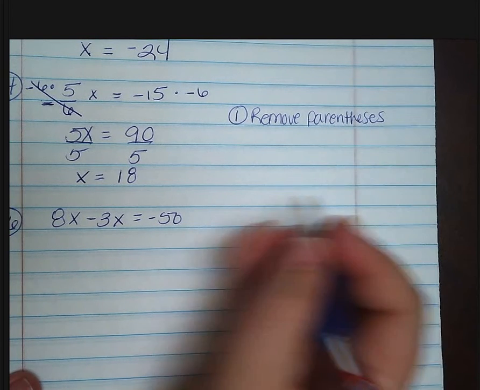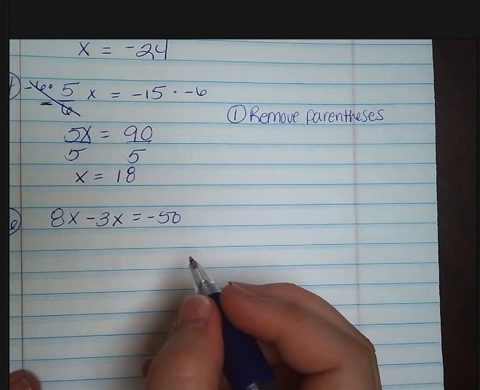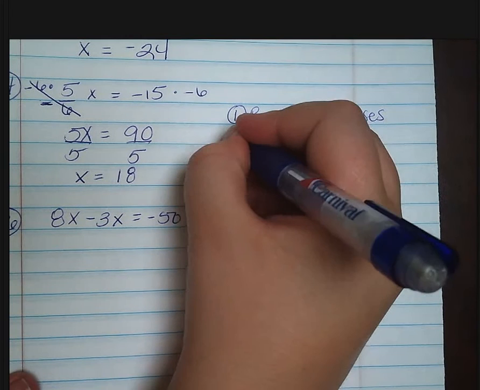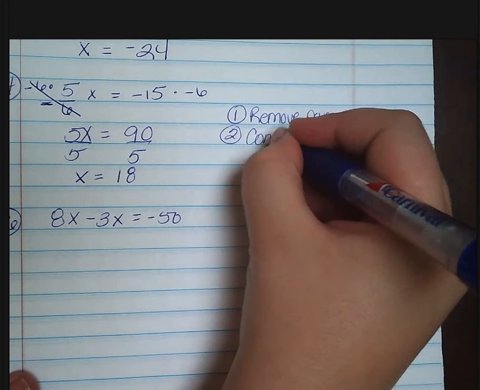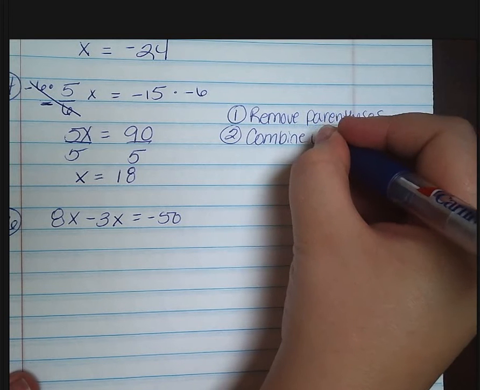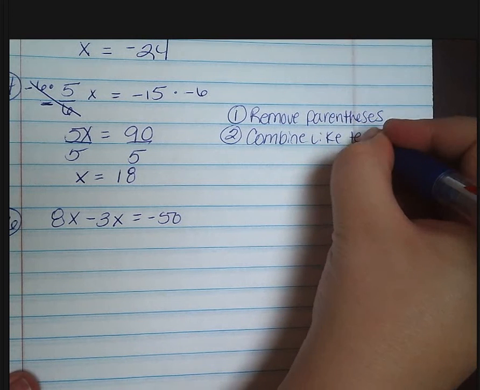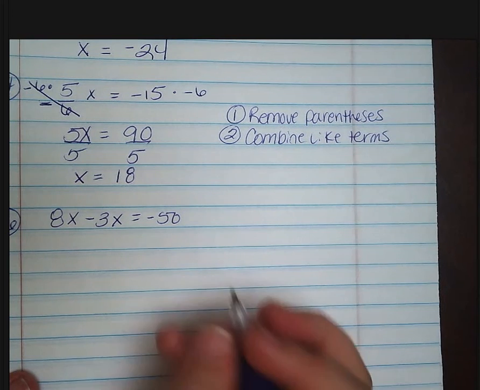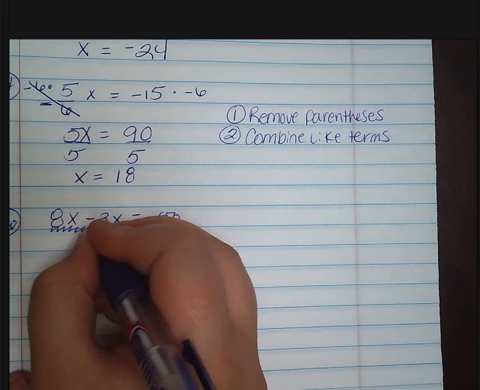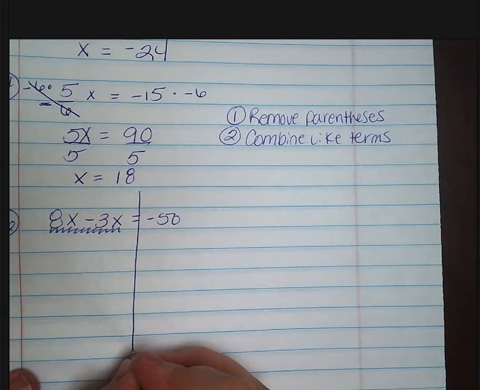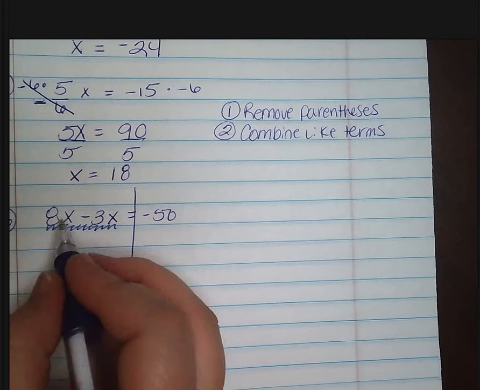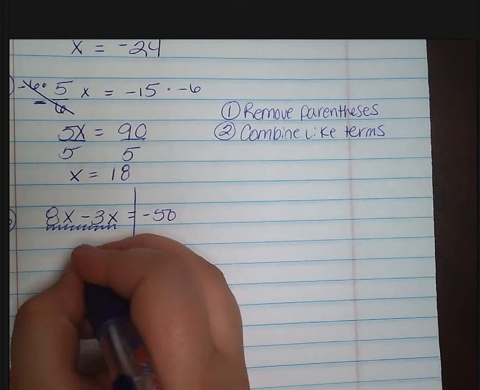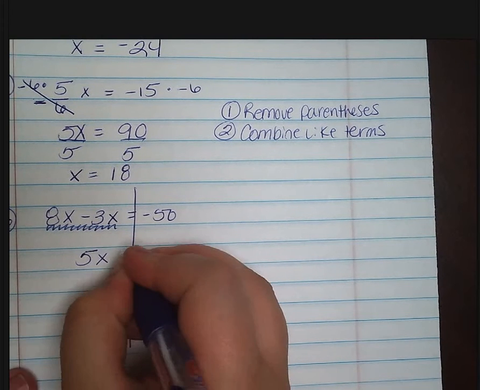Well, there are no parentheses, so we don't need to worry about that. Step 2 is to combine your like terms, which we do have here, and remember those like terms have to be on the same side of that equal sign. So to combine 8x minus 3x, that gives us 5x.